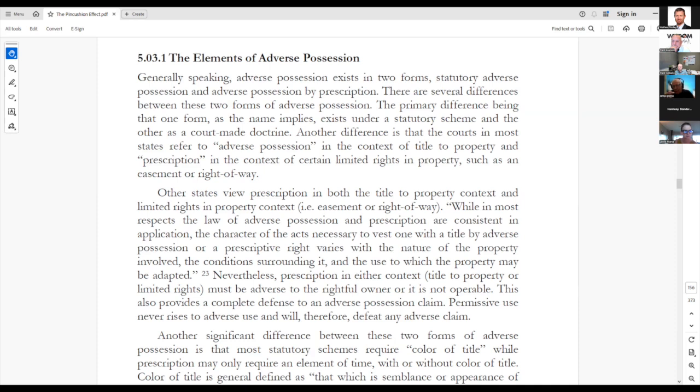But if you take all those things in aggregate, by golly, you get a court that sometimes is going to rule that it's adverse possession.